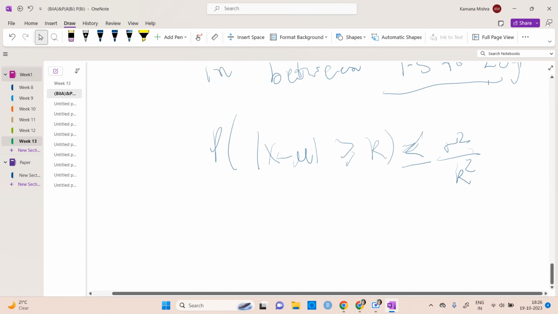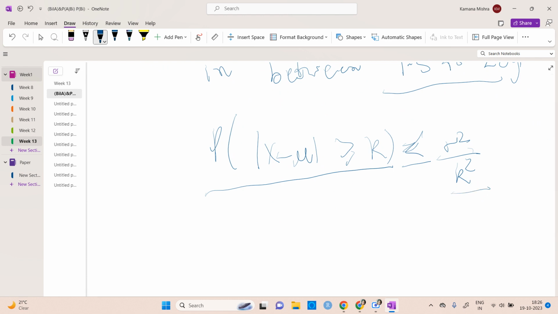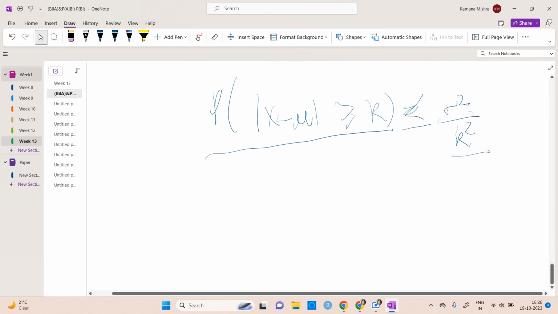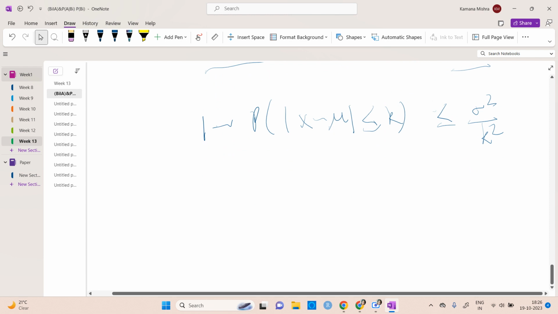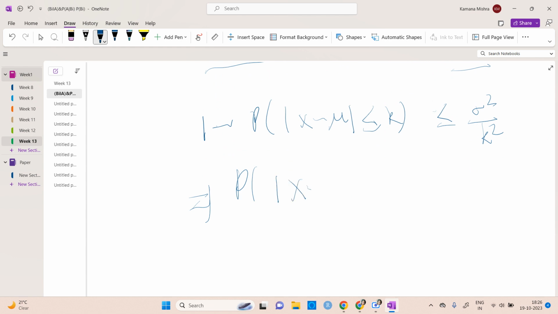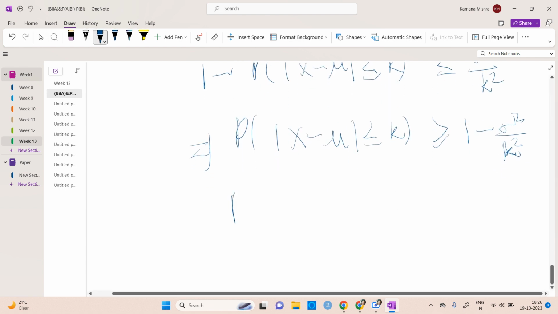So for the negative, we will have 1 minus the probability: |x minus mu| less than or equal to k would be greater than or equal to 1 minus sigma square upon k square, right? So now you know everything is given.